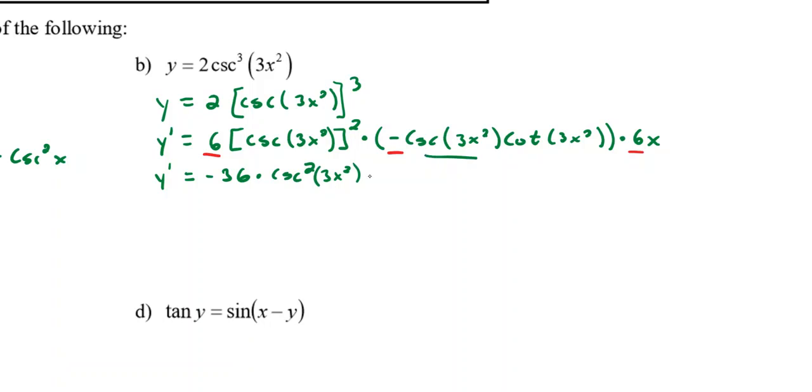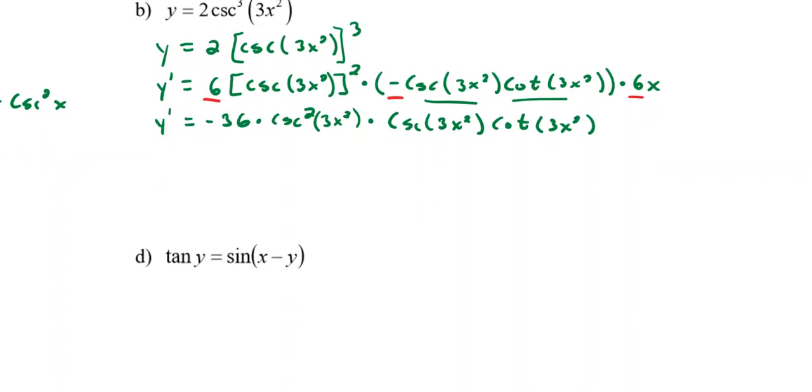Okay, and then move on to the next part. So now I'm looking at this one. Times cosecant of 3x squared. That's good. And then cotan, so writing it again, cotan 3x squared. And then we're pretty good, but I do notice that cosecant and cosecant, those are the same, right? So if we multiply those, you add the exponents.